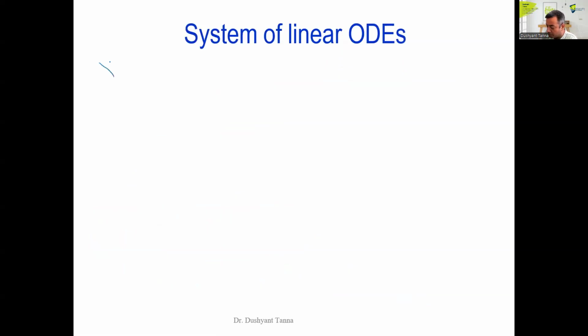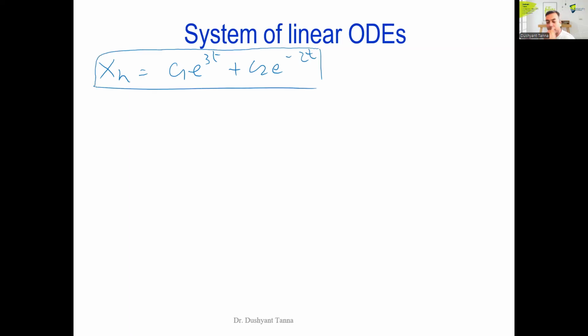Right, we adopt the same notation xh, c1, whatever root; our roots were 3 and minus 2. So c1 e raised to 3t plus c2 e raised to minus 2t. xh is the homogeneous solution, you know.